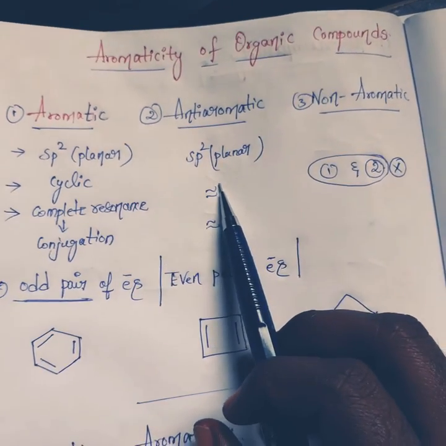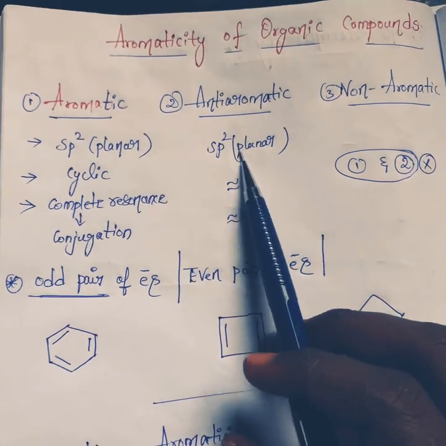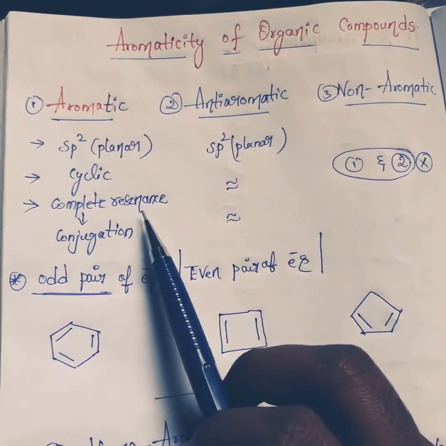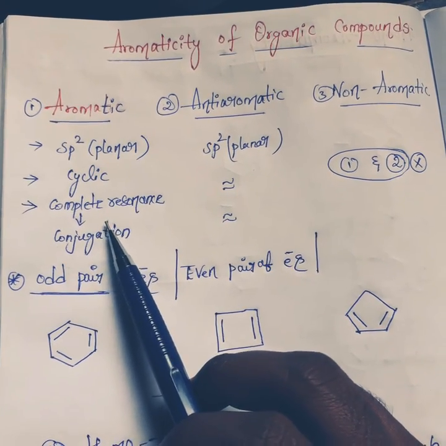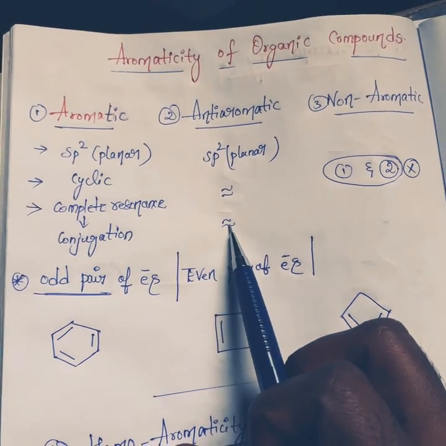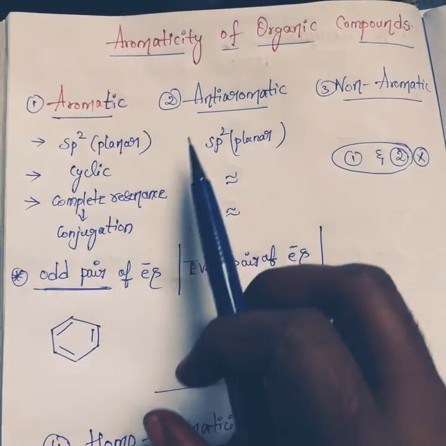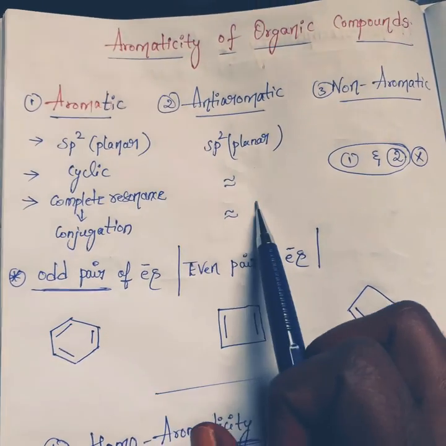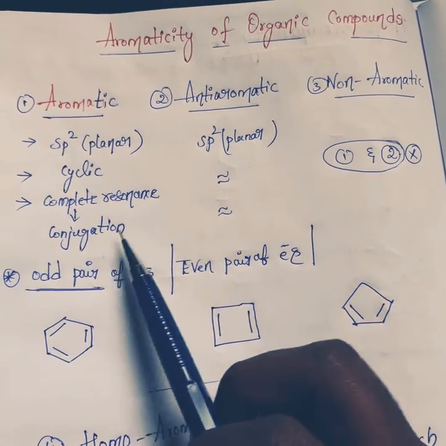In the case of anti-aromatic also, it should be cyclic. In the case of aromatic, complete resonance should be present. Complete resonance means conjugation. The same thing holds for anti-aromatic also. Mostly all these properties are the same for both aromatic and anti-aromatic. We have only one difference.